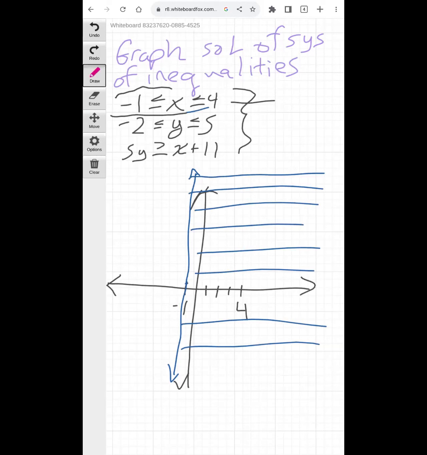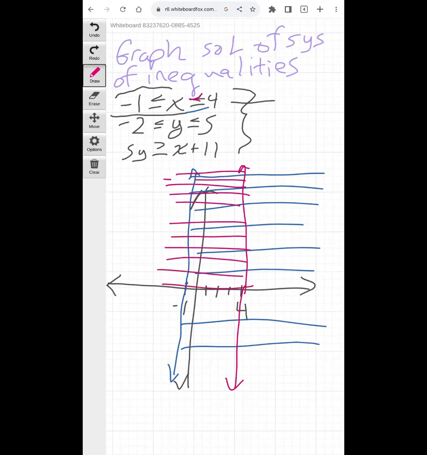So we have another vertical line at x equals 4, and we shade everything to the left of that line. This first inequality is like a rectangular area between these two vertical lines, x equals -1 and x equals 4.